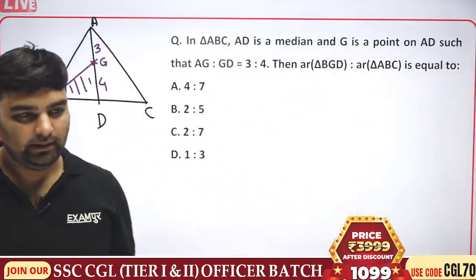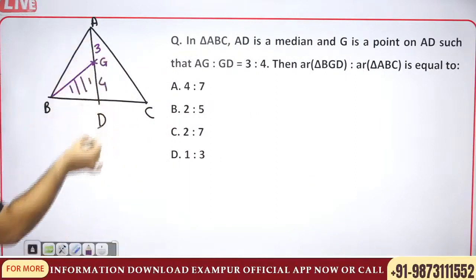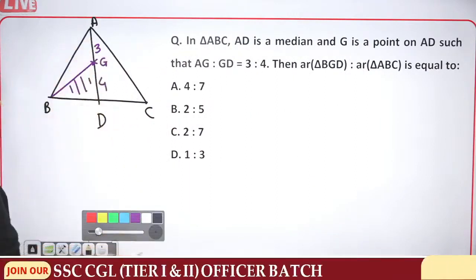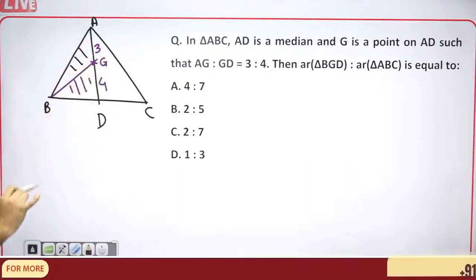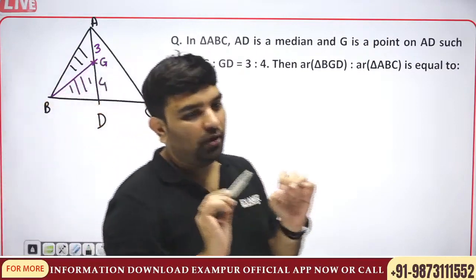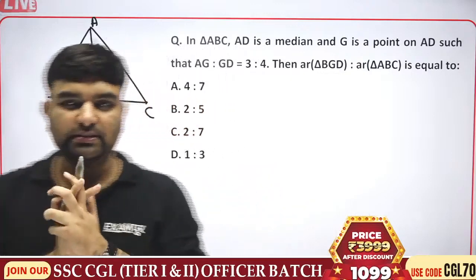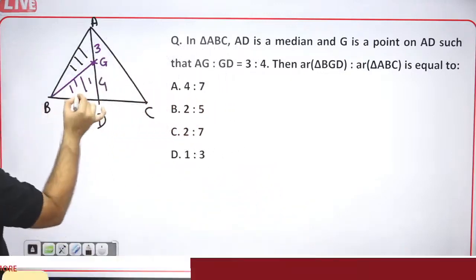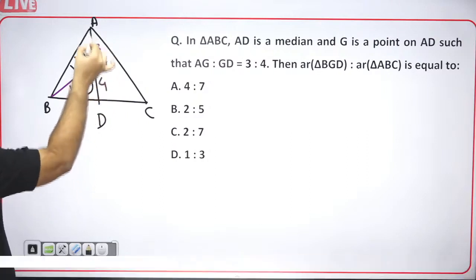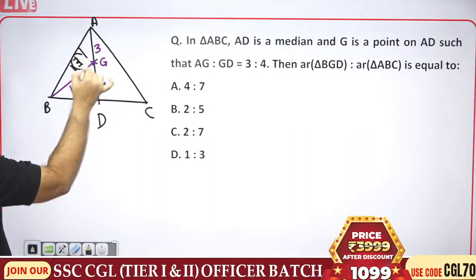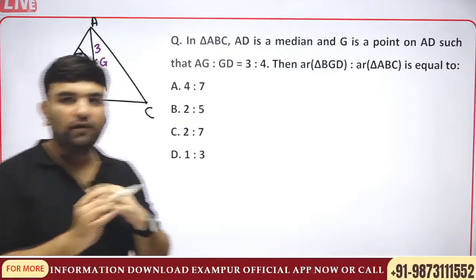Guys, there is a property that if two triangles are made on the same base, then their areas are in the proportion of their bases. So the area of BGD is going to be 4 and the area of ADG is going to be 3, in the proportion of their bases.